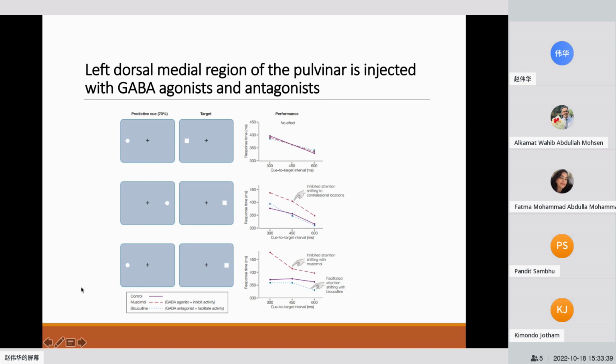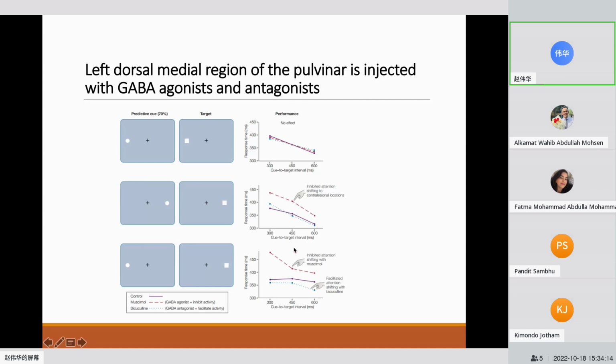And the results for the GABA antagonist showed an increase of neural activity and resulted in faster behavioral responses in the case when attention had to be reoriented into the contralateral hemisphere following an invalid cue.